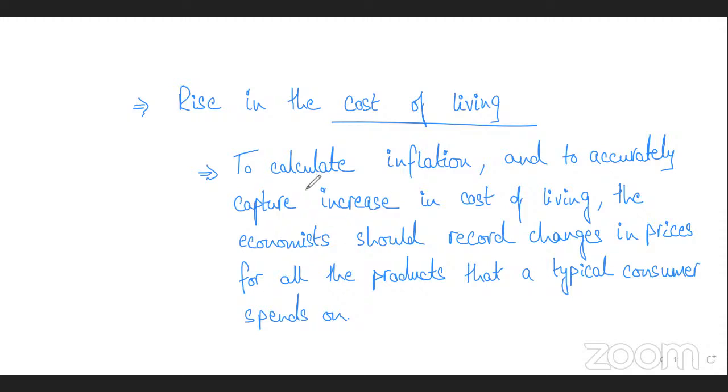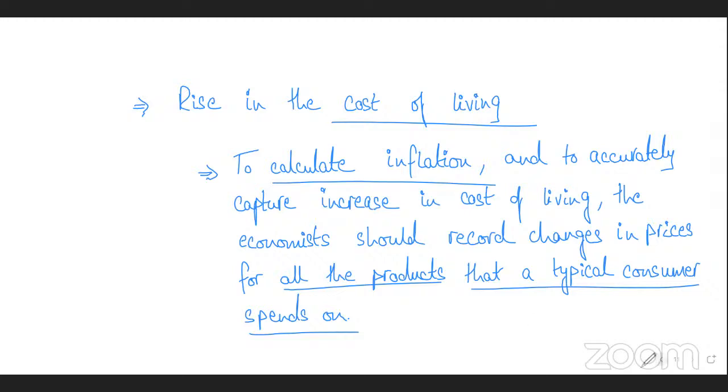Now to calculate inflation, and to accurately capture the increase in the cost of living, the economist should record changes in prices for all products that a typical consumer spends on. So what are all the products that a typical consumer spends on? That is what will capture inflation. Is this making sense?